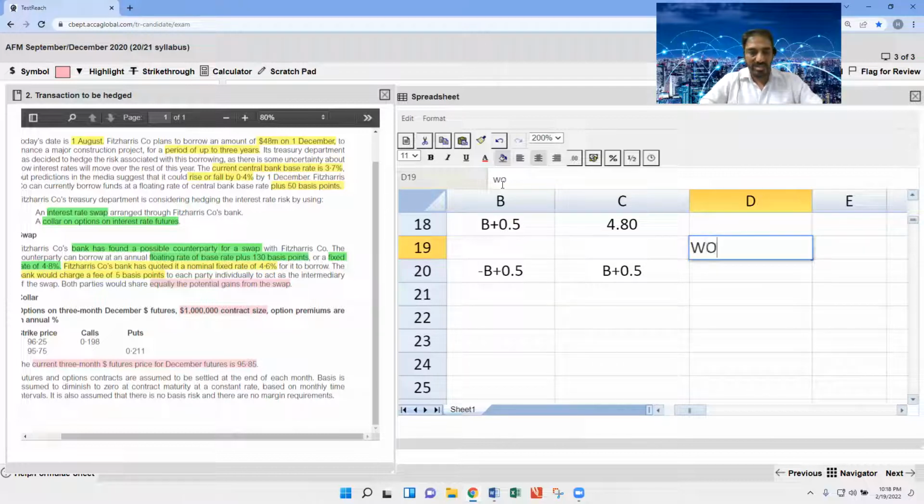Here we need to do working. Fitz Harris to pay the fixed rate.